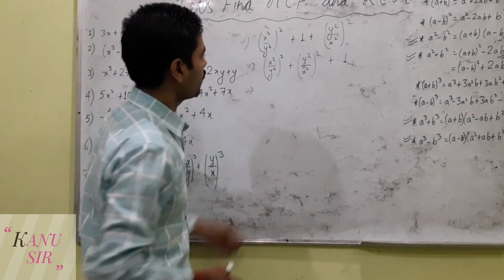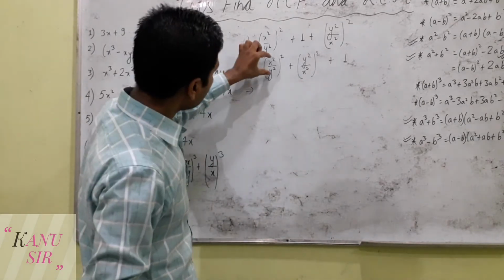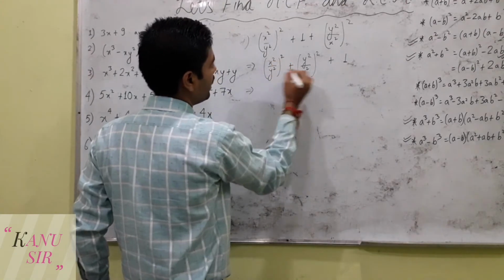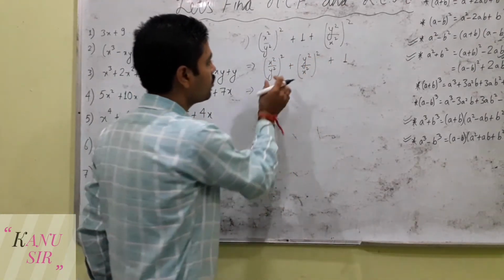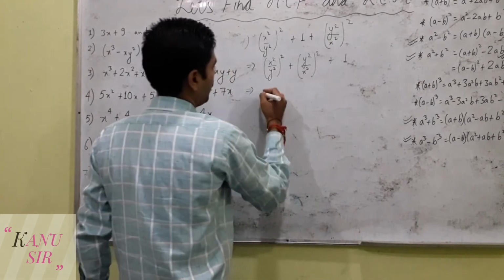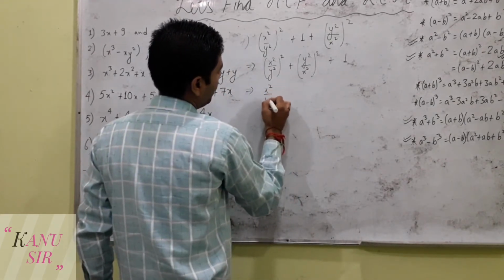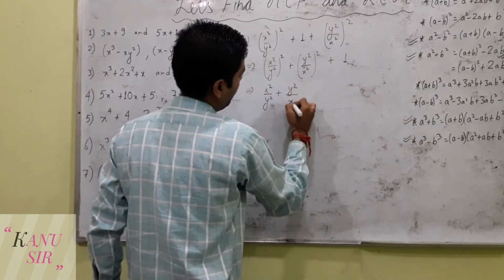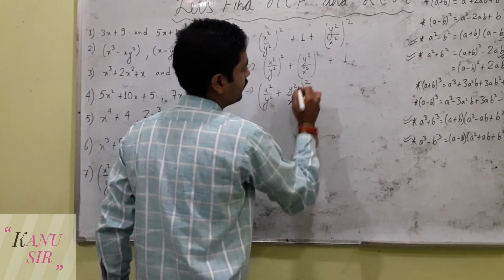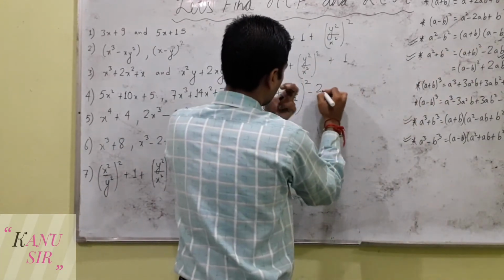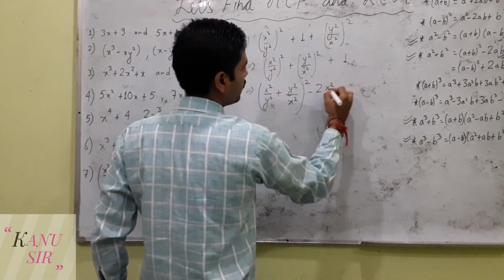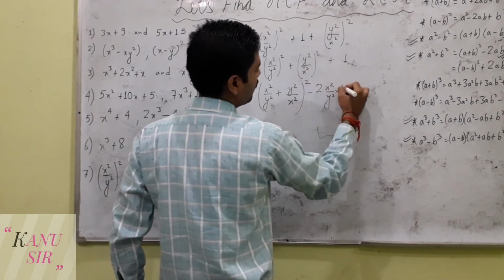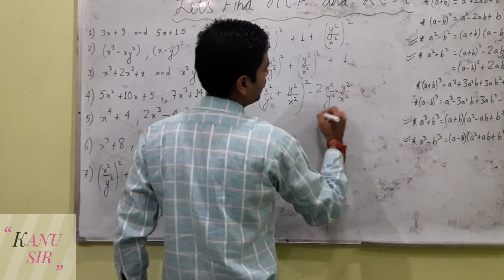Now the main thing we are going to do is with these two terms. Let us consider this whole as a and this whole as b, then it looks like a square plus b square. So we will change it into (a plus b) whole square minus 2 times a, which is x square y square, into b, which is y square x square, plus 1.